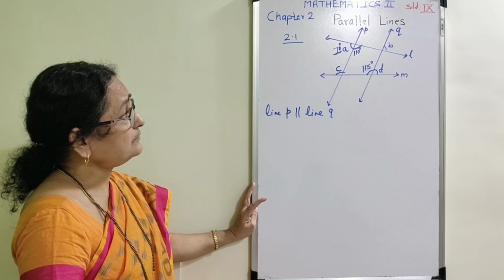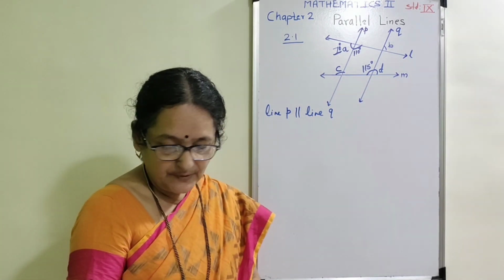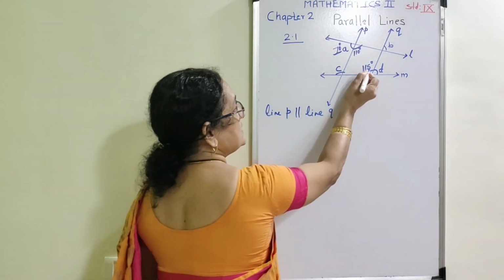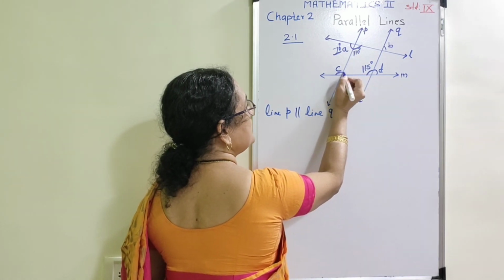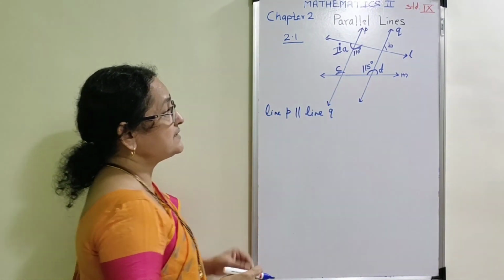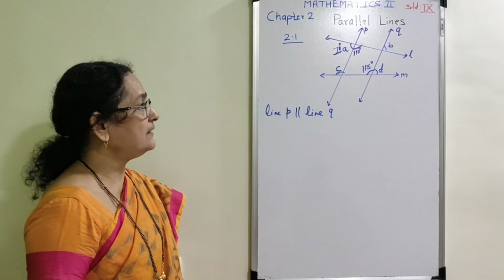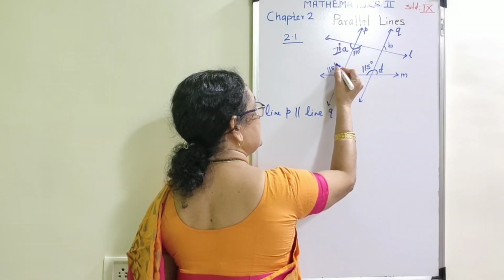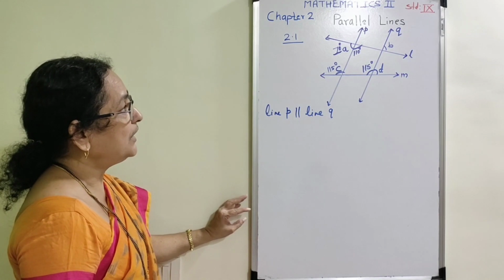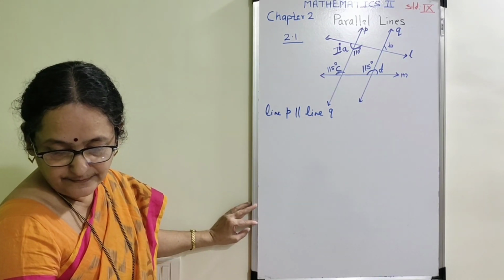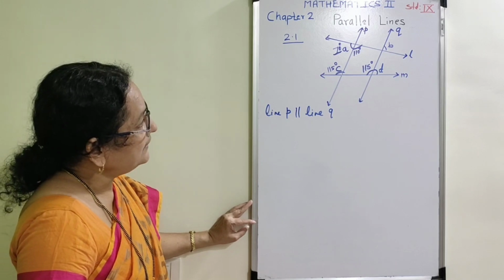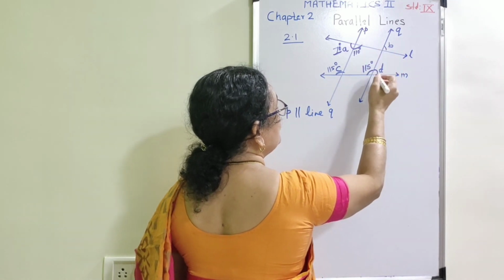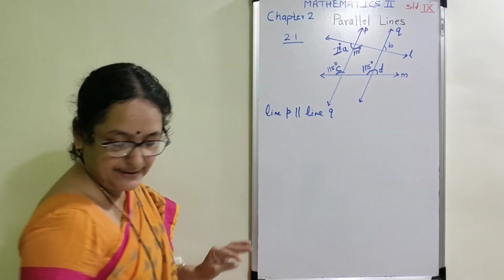Since lines P and Q are given parallel to each other, this 115 angle and this angle C, both are corresponding angles, and since the lines are parallel, the corresponding angles are also congruent to each other, and therefore measure of angle C is also 115 degrees. Now the next is angle B. You are going to find out the measures of angle B and D also.